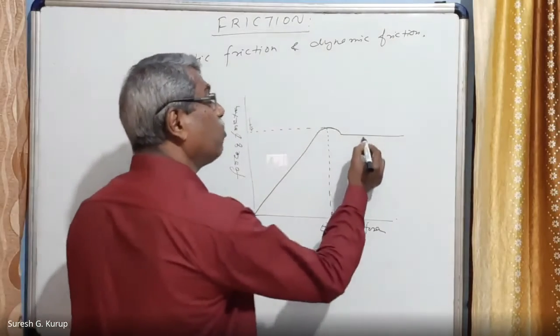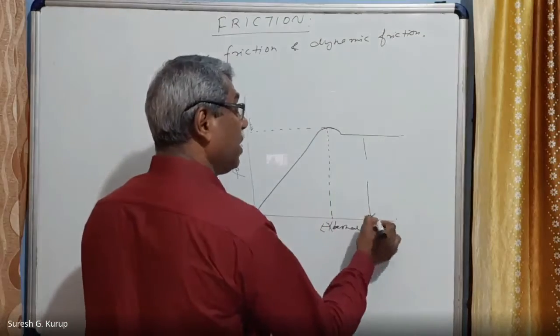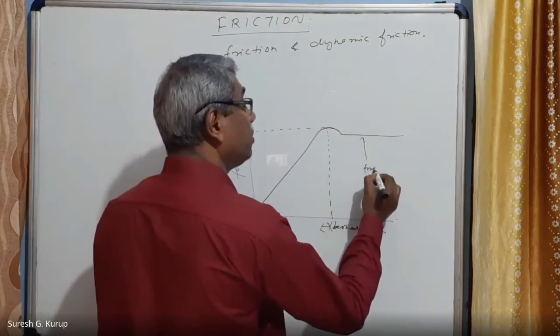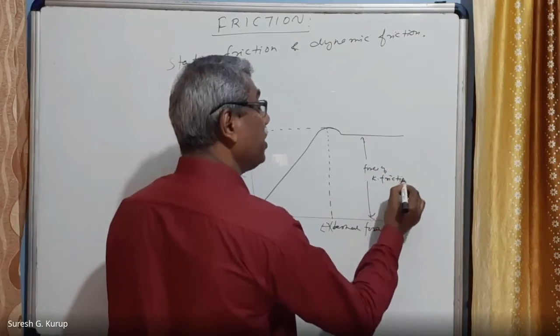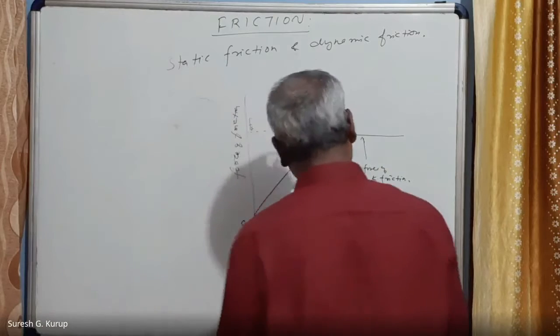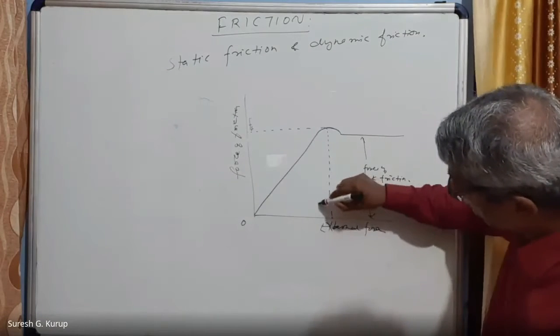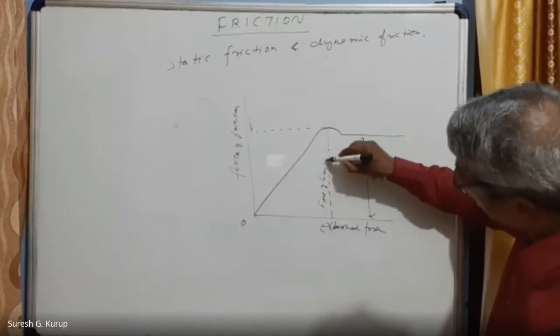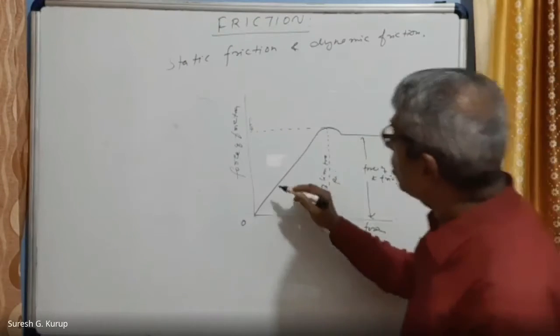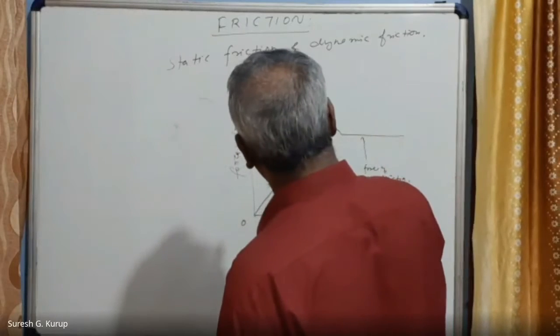And this is called the force of kinetic friction, right? Force of K friction. K friction means kinetic friction. This is what is called the force of limiting friction. This is what is called static friction.